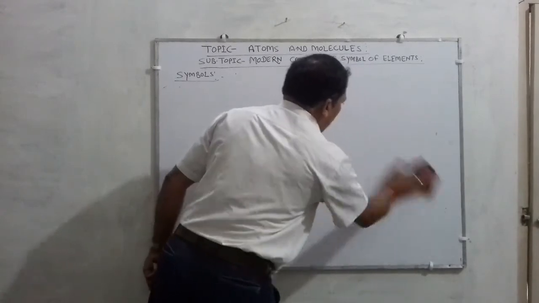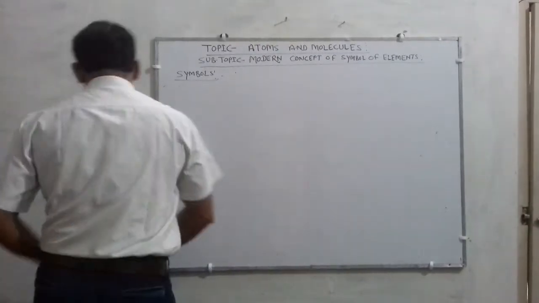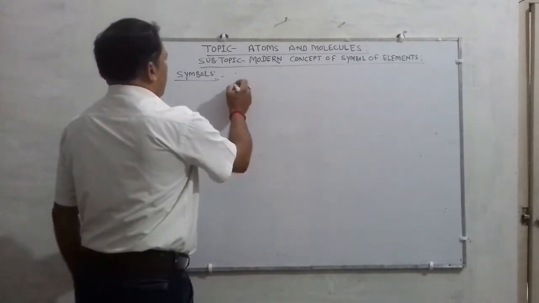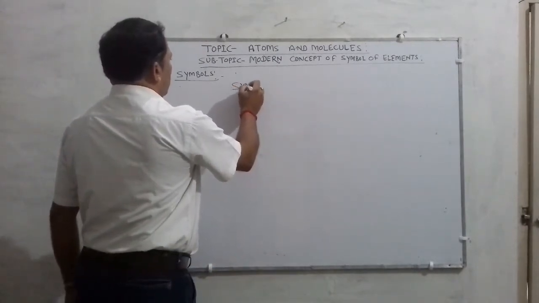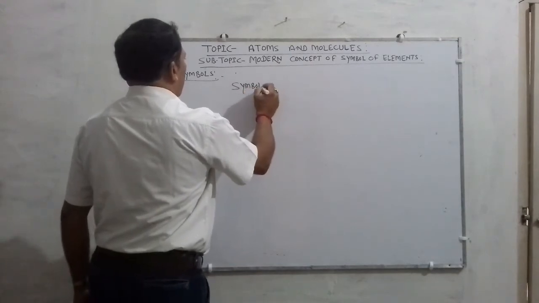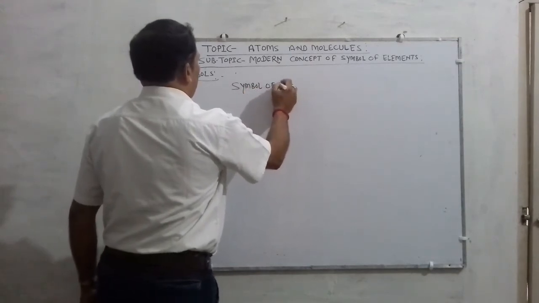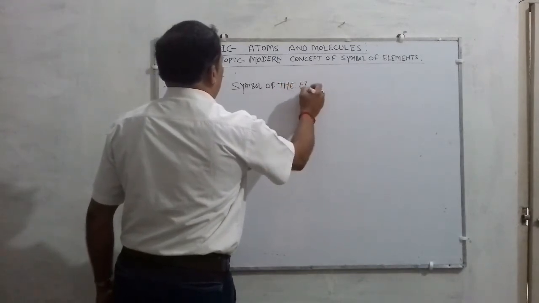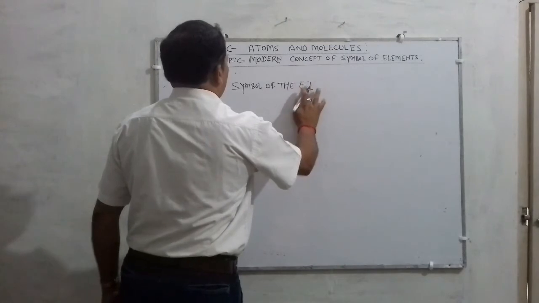So according to IUPAC recommendations, symbols of the elements can be listed as follows. Just write down, children, the symbols of the elements.